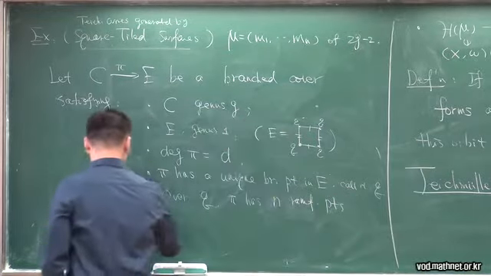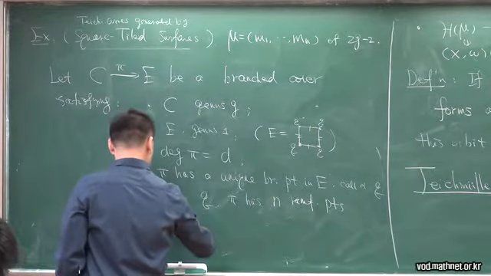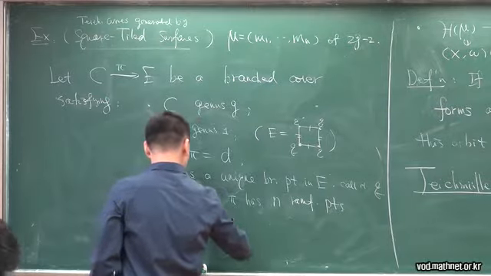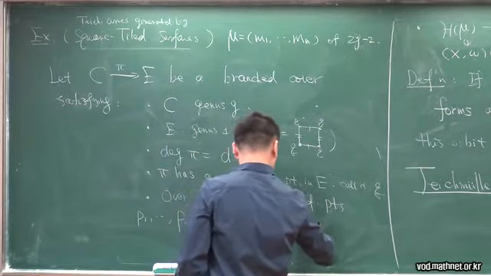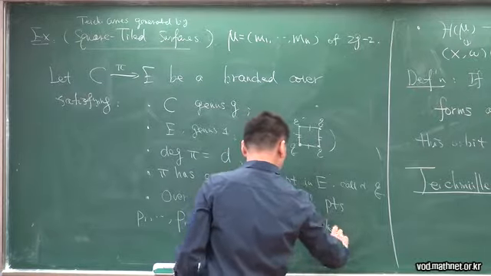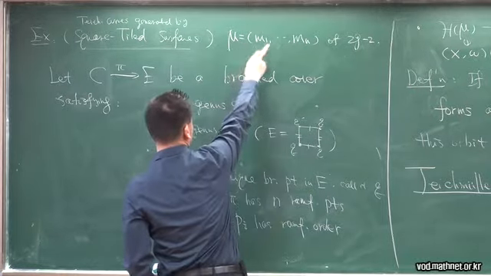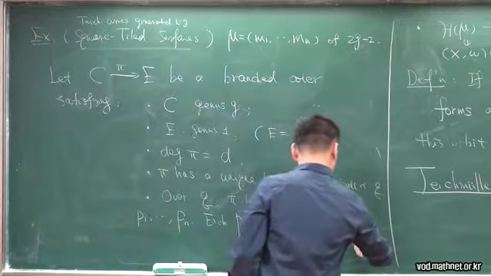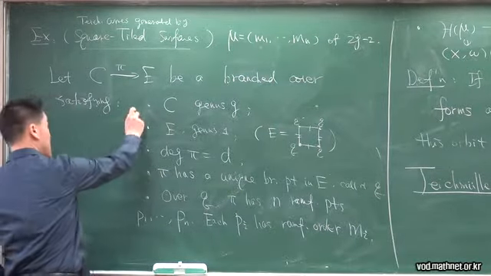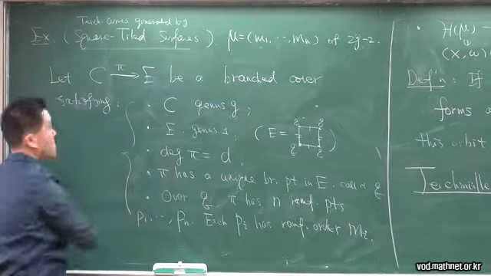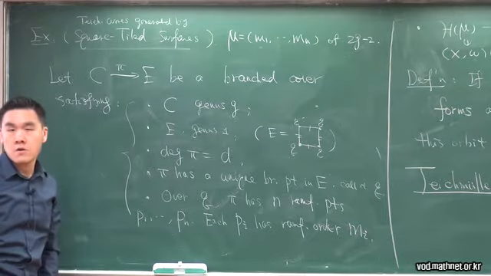Let's call them P1 up to Pn, and each Pi has ramification order given by that fixed entry mi in mu. Okay. So these are the conditions I impose on such a branch cover.